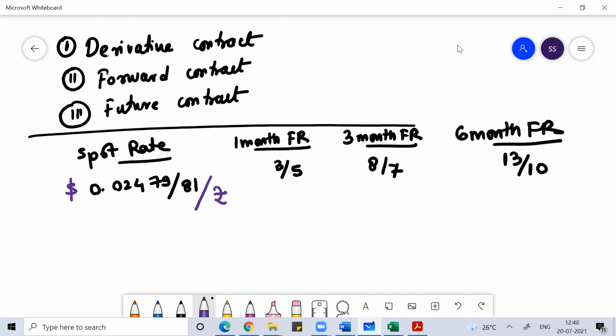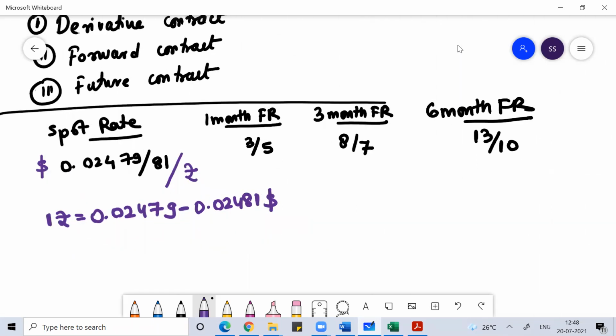When you see this form of transaction in the market, you need to understand that two values are given. Here you can see that 1 rupee is equal to 0.02479. This is called the bid quote, and then 0.02481 is called the ask quote.